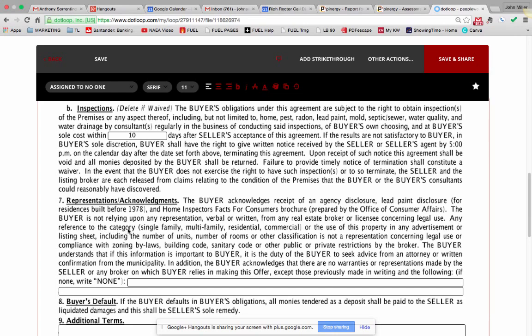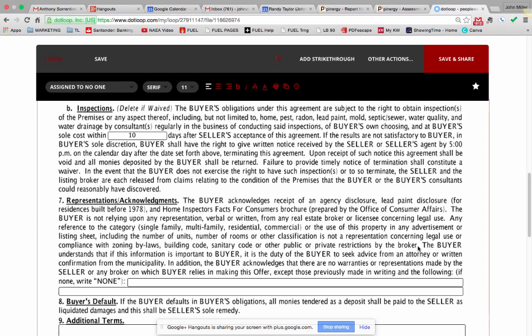Any reference to the category, single-family, multifamily, residential, commercial, or the use of this property in any advertisement or listing sheet, including the number of units, number of rooms, or other classification, is not a representation concerning legal use or compliance with zoning bylaws, building code, sanitary code, or other public or private restrictions by the broker.